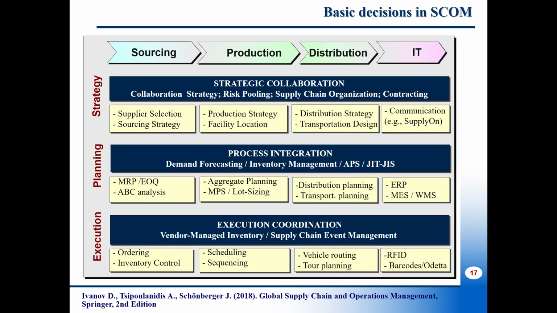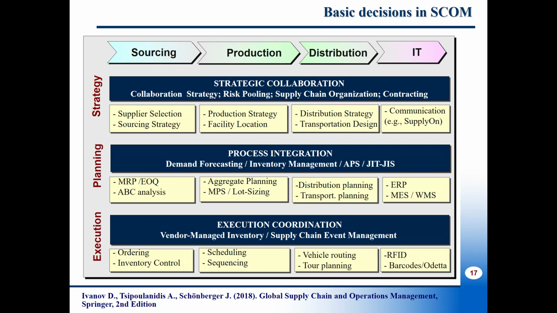In our next slide, we see that the supply chain consists of sourcing, production, and distribution stages, where those three stages are supported by information technology. And each stage, for instance sourcing, has three different levels: strategy, planning, and execution. At the strategic level, sourcing consists of supplier selection and sourcing strategy.